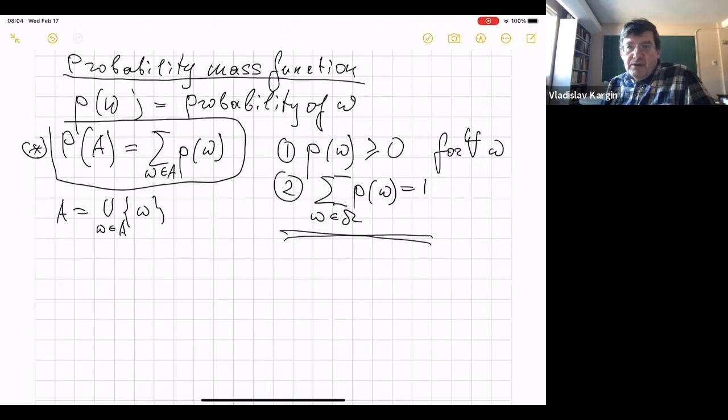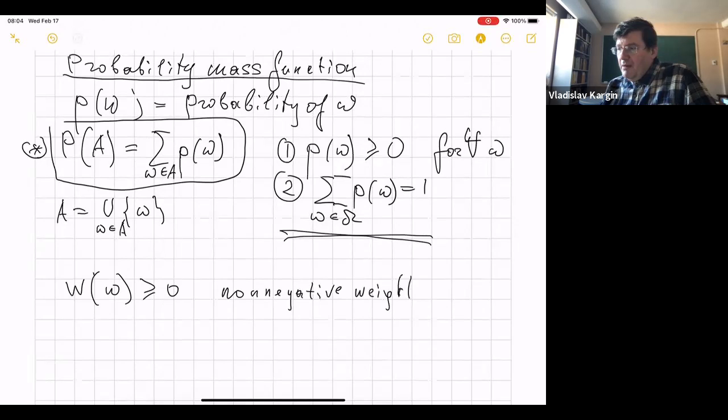So in practice, you usually define the weights of the outcomes: you define the weight of the outcome omega, which should be non-negative. And after that, you define the probability of the outcome as the weight of this outcome divided by the sum of the weights over all outcomes.